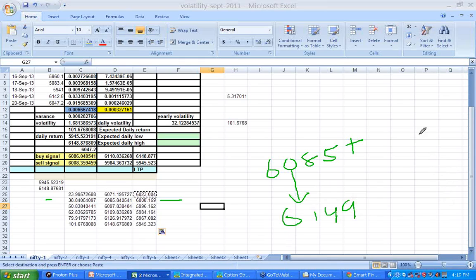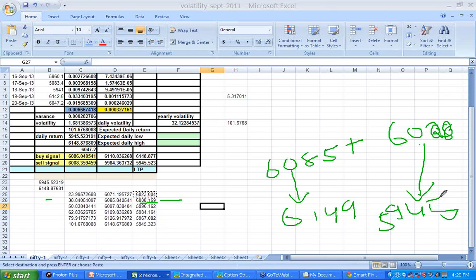Same way, if the Nifty opens Monday on 6023 below, I'll say the trend is down, 6008 level, then I can say that trend is down at this level, and it has the probability to bring down the Nifty to 5945. This is what it says.